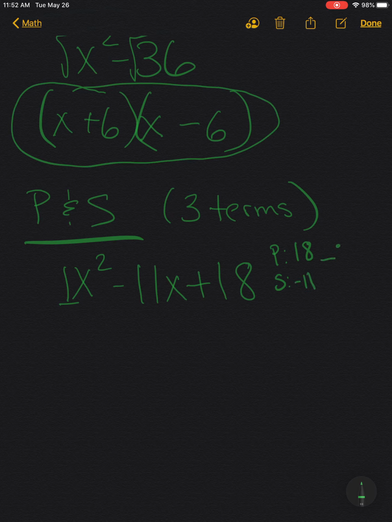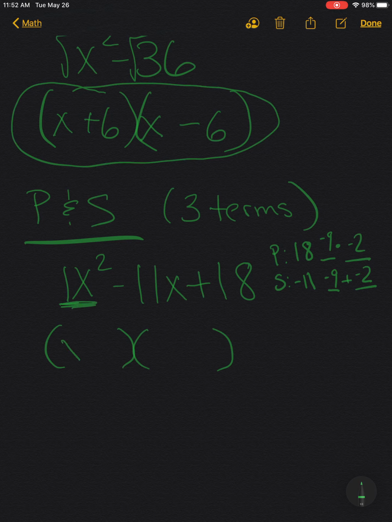You're looking for two numbers that when you multiply them, multiply to be 18, and when you add them, will add up to be negative 11. So you should know that that would be negative 9 and negative 2. Negative 9 and negative 2 multiply to 18, and they add to be negative 11. Once you figure out the number combination, you want to open up two parentheses.